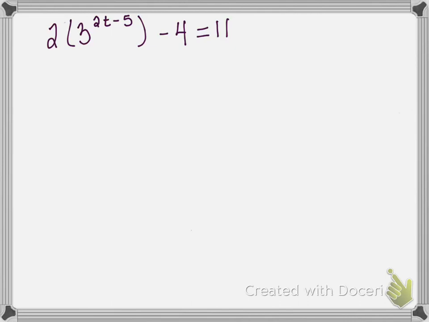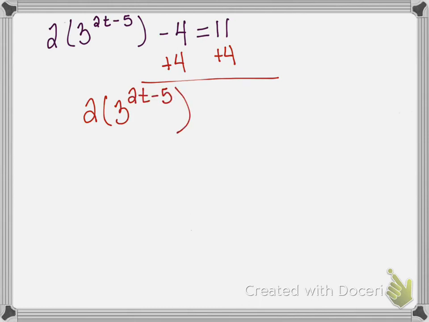The way I get rid of negative 4 is I add 4 to both sides. So then I'm going to have 2 times 3 to the 2t minus 5 equals 15. Now, I can also get rid of that 2. How do I get rid of that 2? Divide.